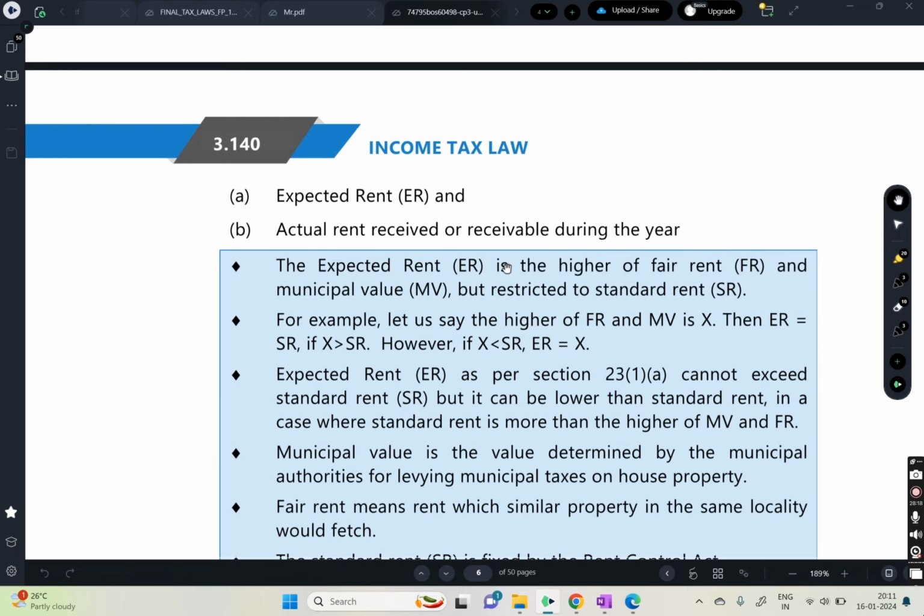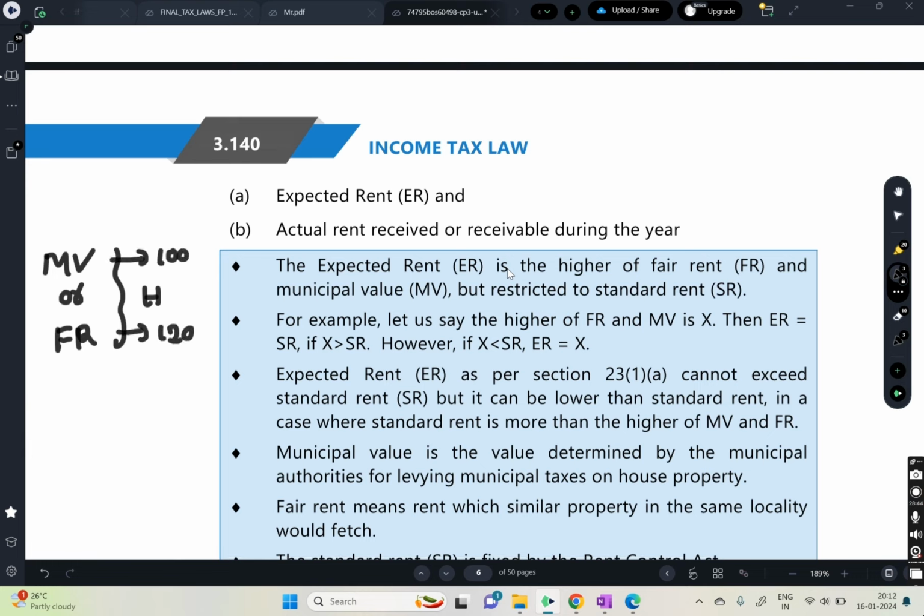There is something called municipal value, which they will give in the question itself, or fair value or fair rent. We will take whichever is higher. Let's just say municipal value is 100, fair rent is 120, then we will get 120. This is step 1.